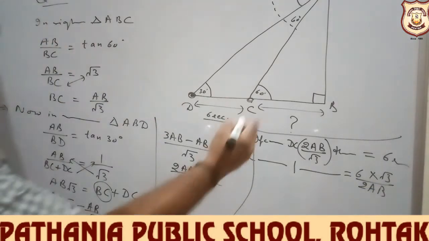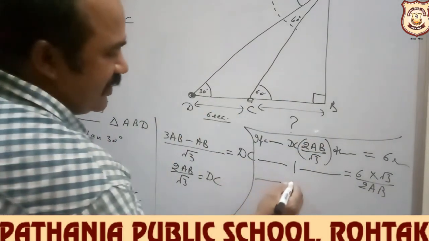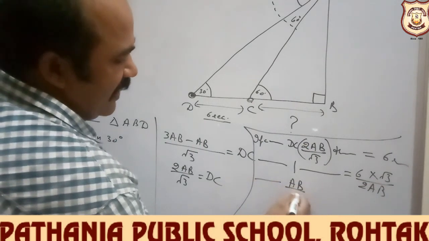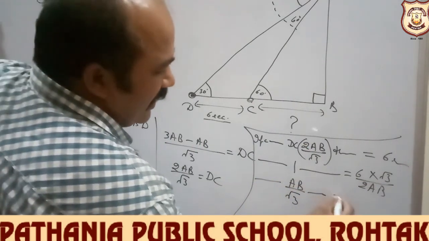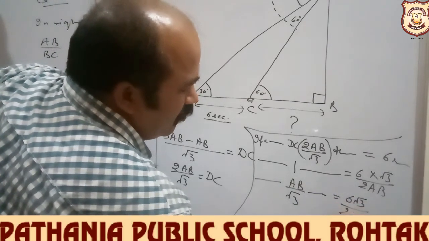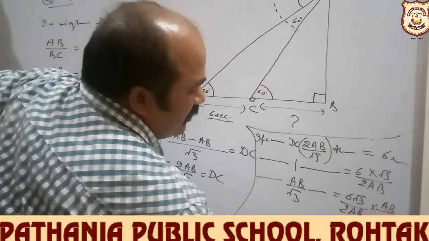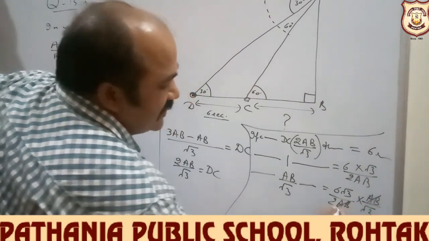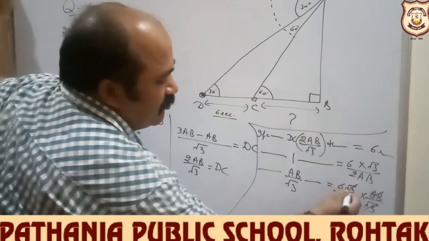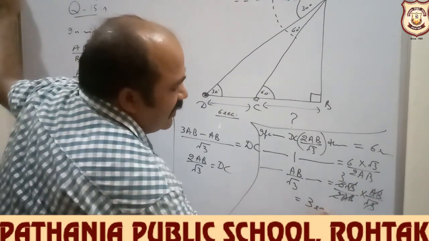But the distance BC is AB by root 3. If the car covers AB by root 3, then time taken is 6 root 3 upon 2AB into AB by root 3. AB cancels with AB, root 3 with root 3, 6 upon 2 is 3 seconds, which is our answer.